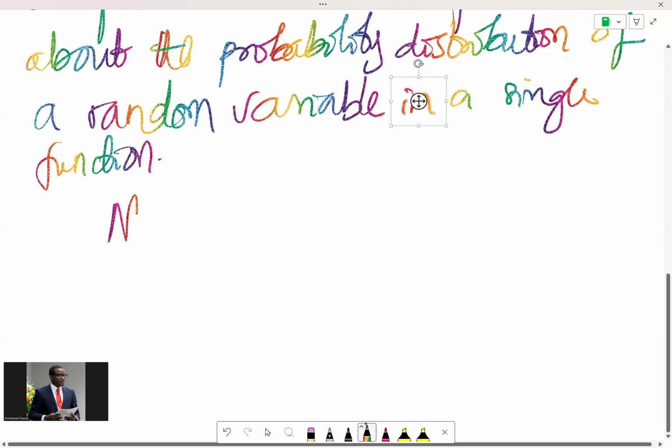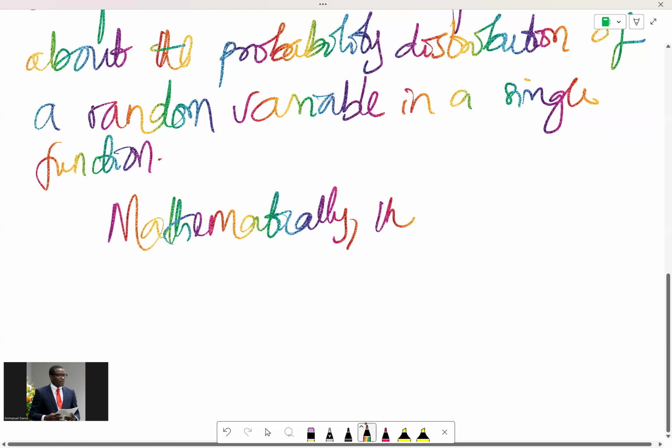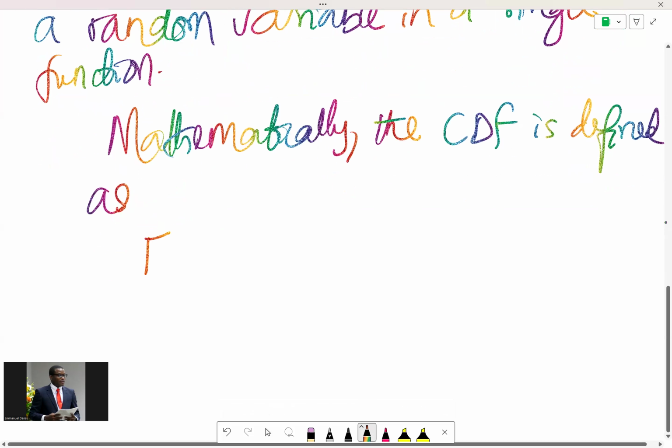So mathematically, the cumulative distribution function is defined as F of x equals the probability of the random variable X being less than or equal to a particular value x, like we said.